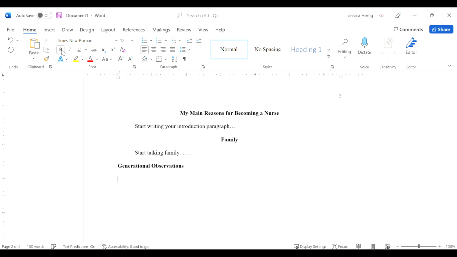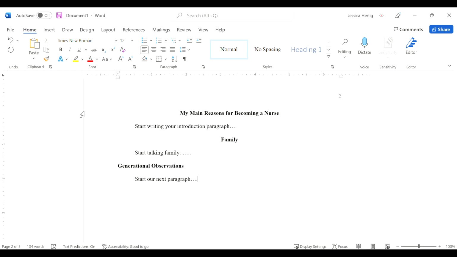And then to start that paragraph, we come back down, keep it on the left, take off that bold, indent, and then start our next paragraph. Okay, that's a level 2 heading. That's what it looks like.